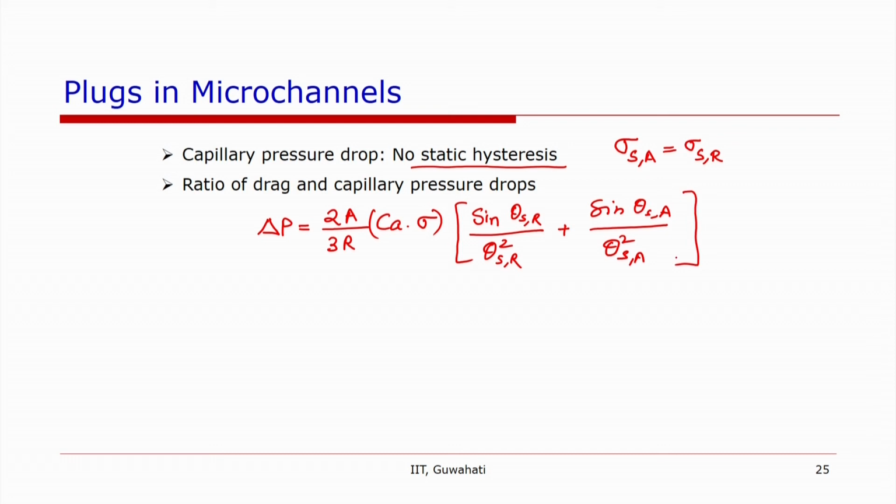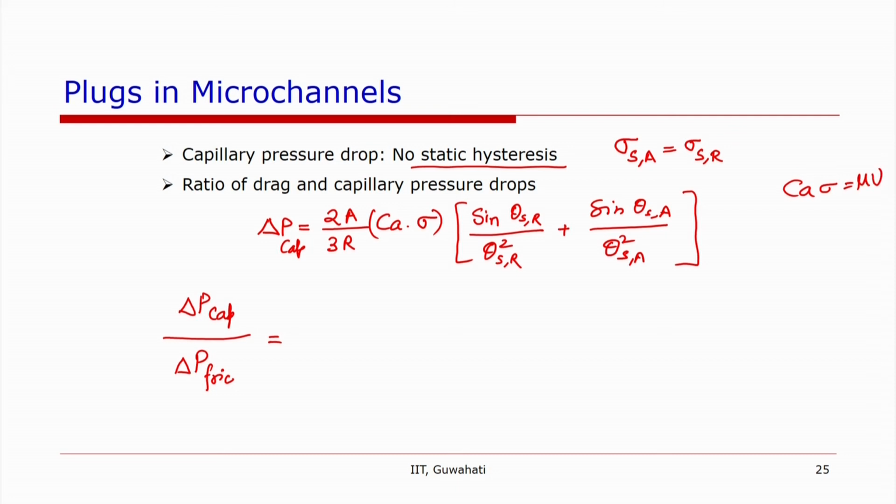Now, just to compare the two pressures, one can take the ratio of delta P capillary divided by delta P frictional drag. You can see that Ca into sigma is mu into u.